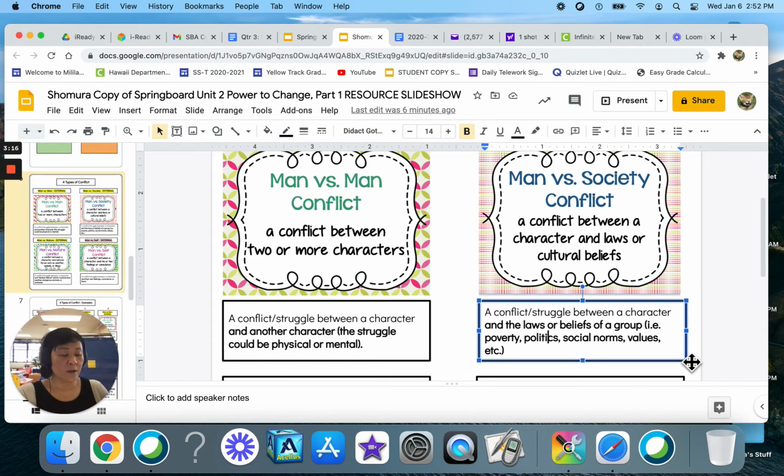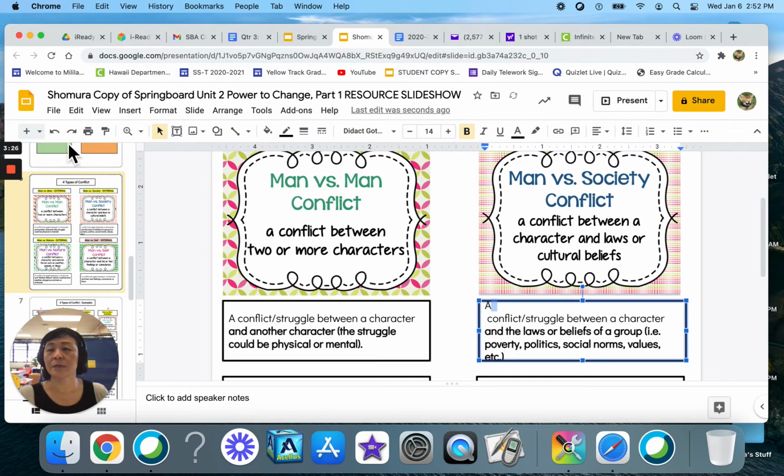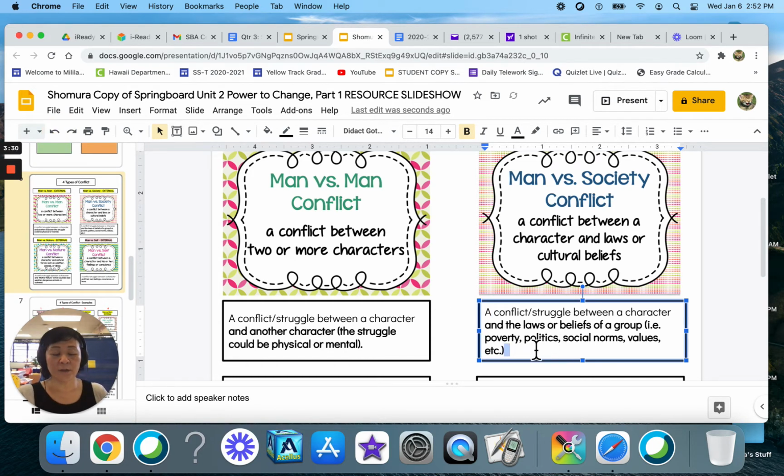So in your composition book, I'm going to ask that you copy this definition here under the flap that has the person and the world and people. So that represents man versus society.